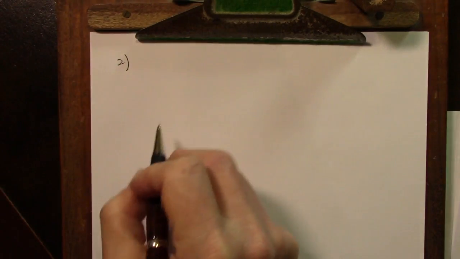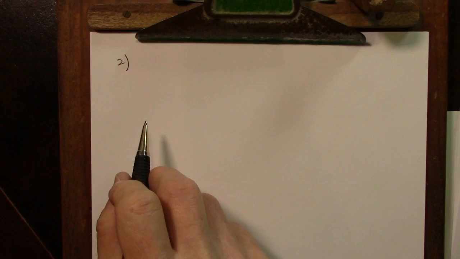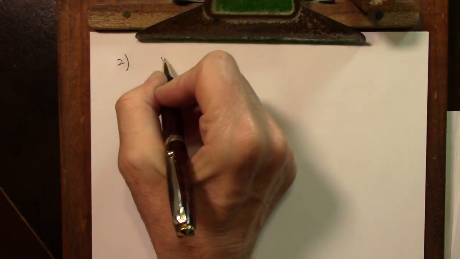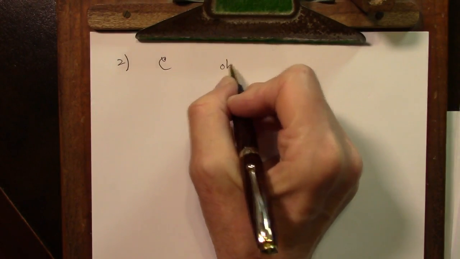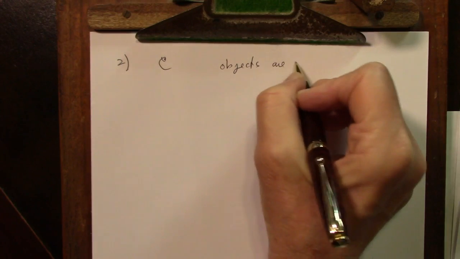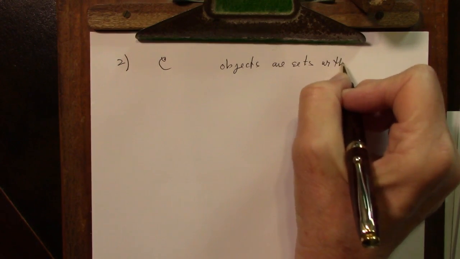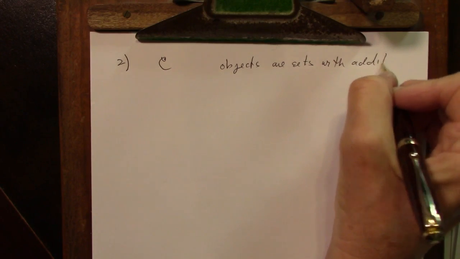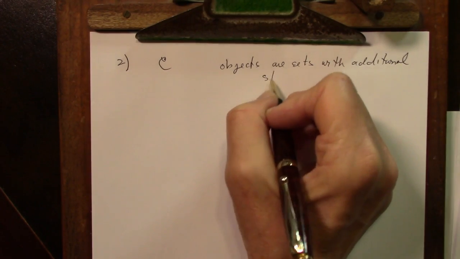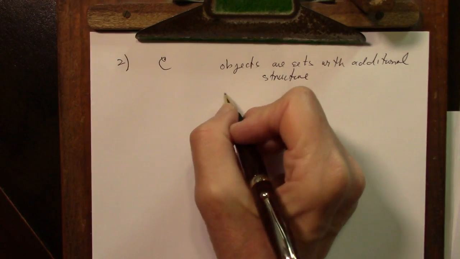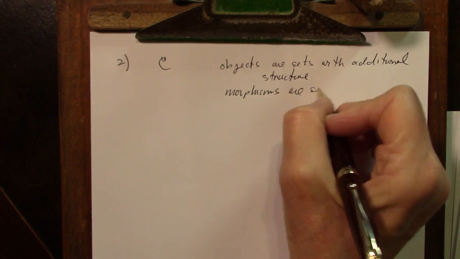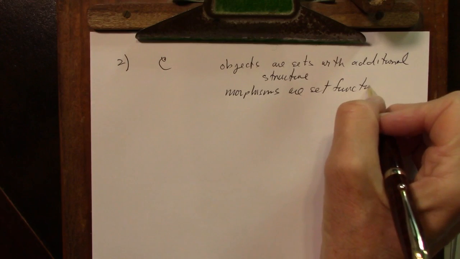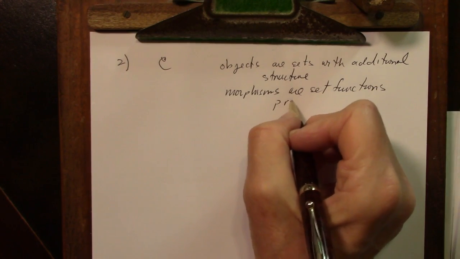Here's another really important example of a functor. Oftentimes, if we have a category C, the objects are sets usually with additional structure, and the morphisms are set functions that preserve the structure.